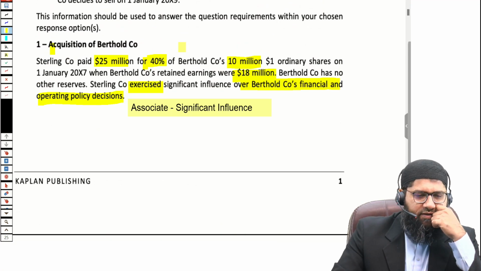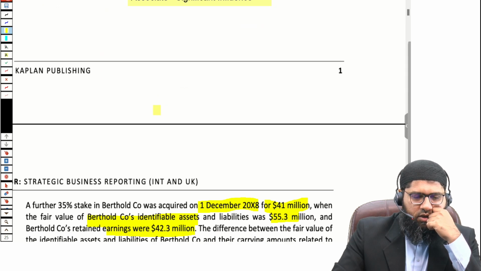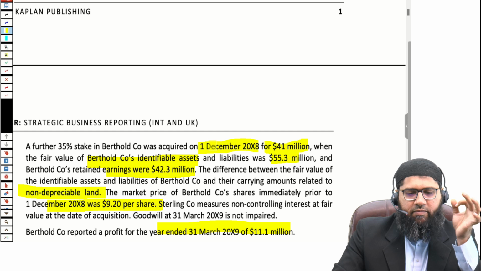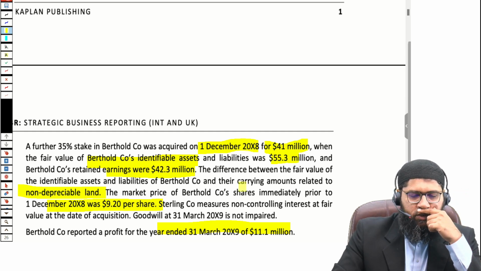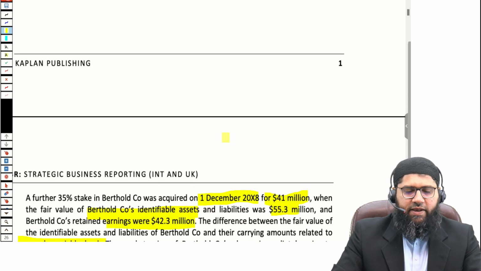You acquired this 40% on 1st January X7, and during the year on 1st December X8 you acquired additional shareholding. Profit for the year was 11.1 million.